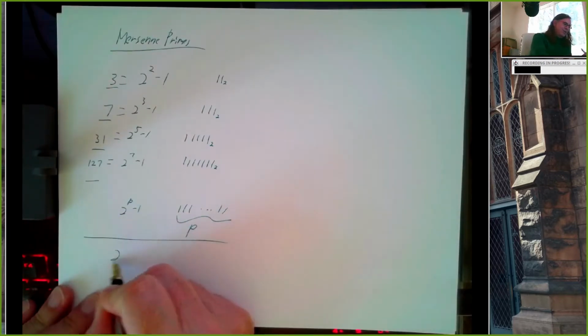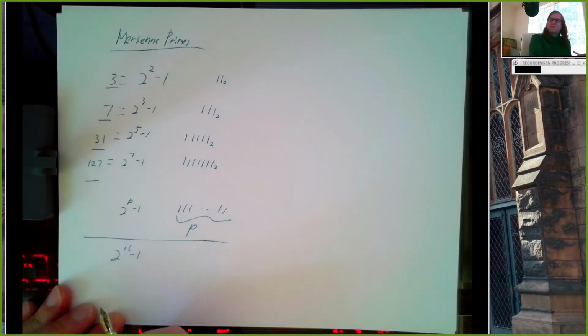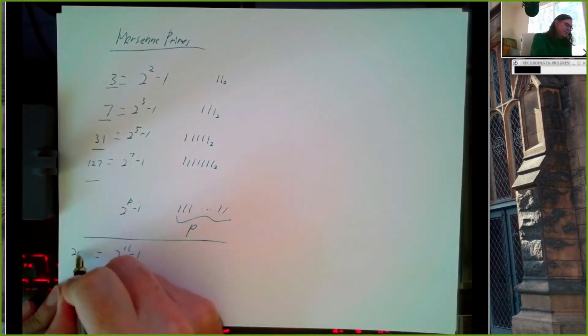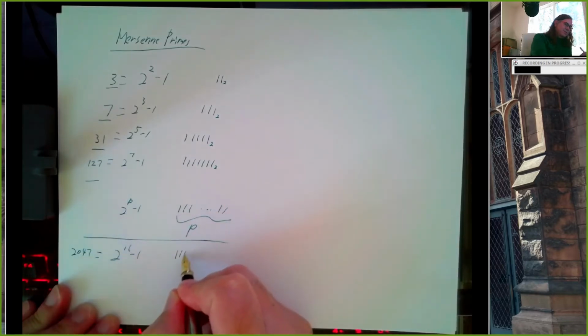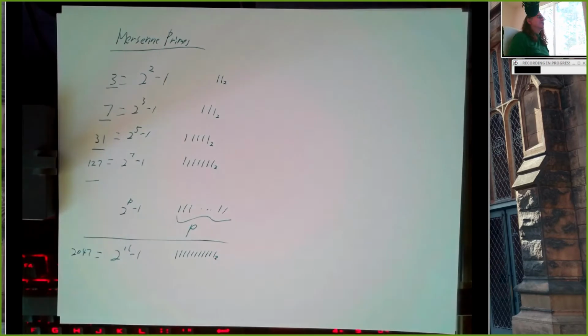And the pattern breaks at 2 to the 11th minus 1. So 2 to the 11th is 2048. This is 2047. Looks like that in binary. But it's got a factor. I don't remember what the factor is.